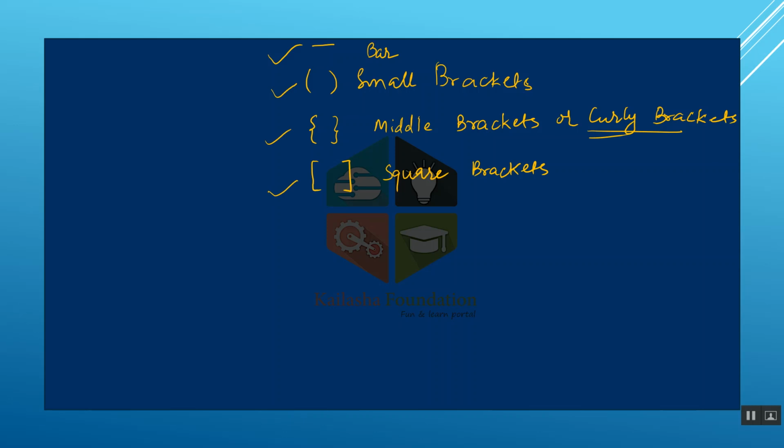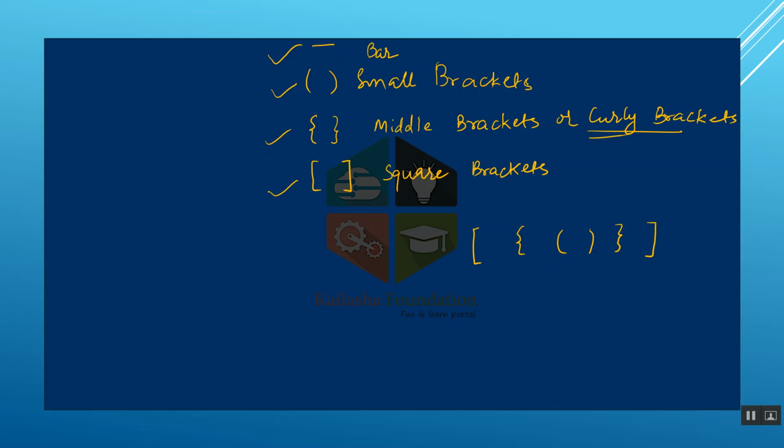Okay, but there is a particular order, there is a fixed order what we have to use. For example, when we have to use brackets inside brackets, then this must be the order. We have to keep in mind.